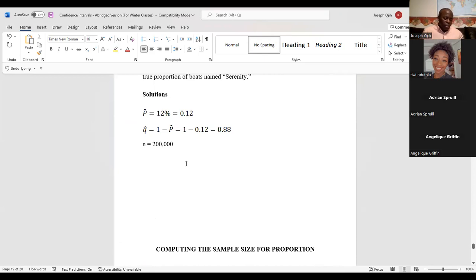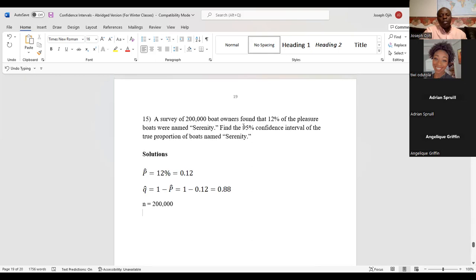N is 200,000. P hat is 0.12. Q hat is 0.88. There's one more thing we're missing: Z alpha over 2, for 95% confidence.